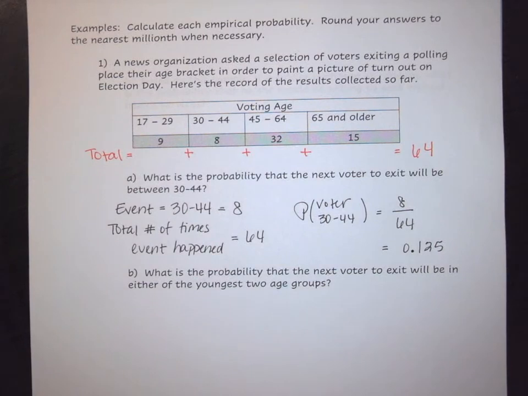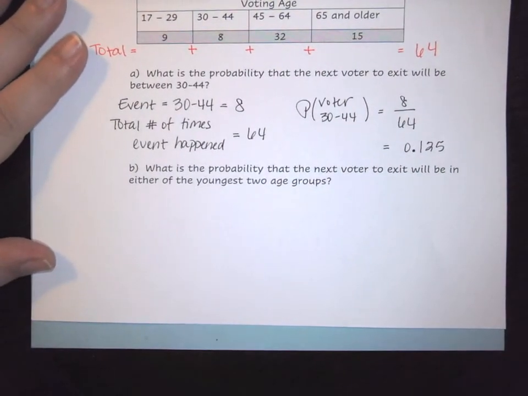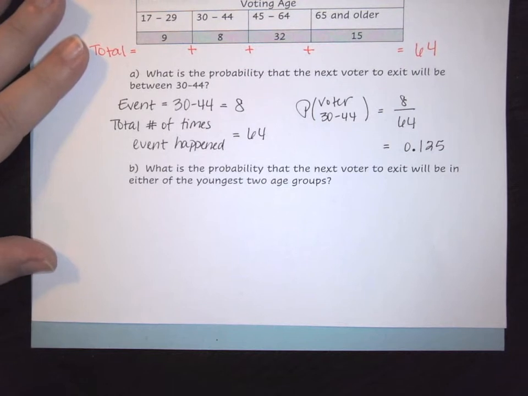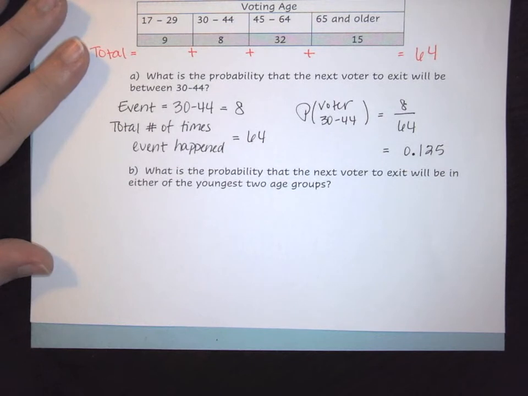We are getting at the decimal value of that probability. Now the next part says, what is the probability that the next voter to exit will be in either of the youngest two age groups?